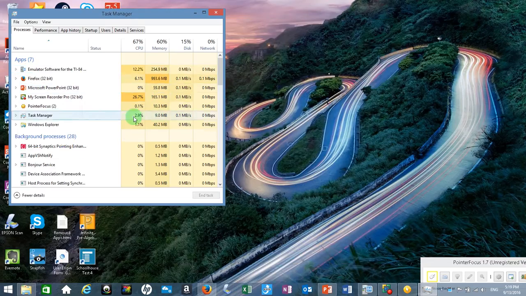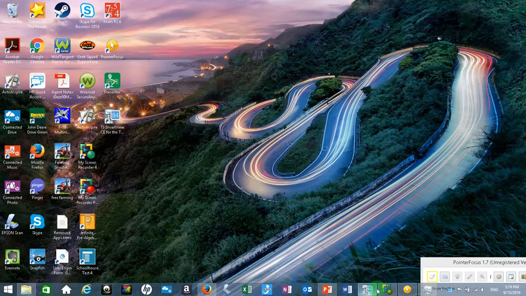End task. Pull it back up. See if we can get it going. Hopefully it'll start.